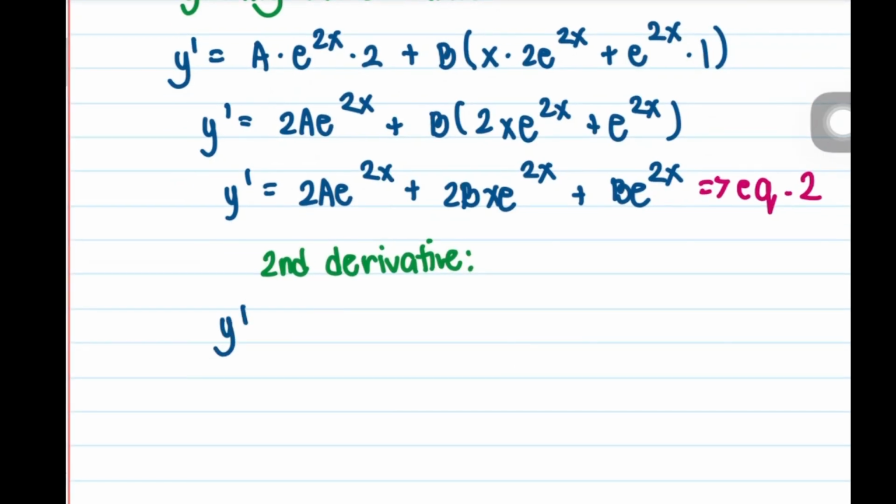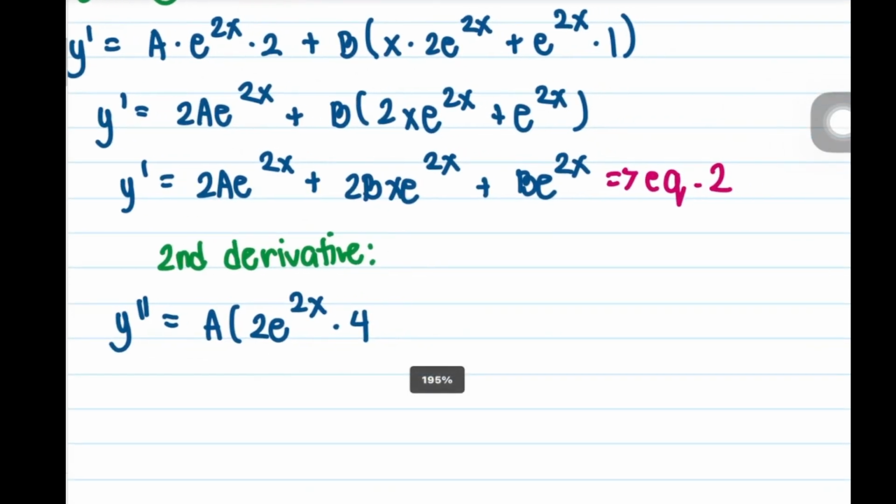So y double prime is equivalent to, this one will be a multiplied to 4, 2a e raised to 2x multiplied to 4.